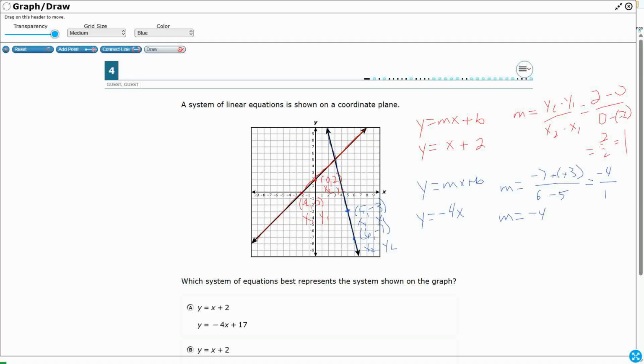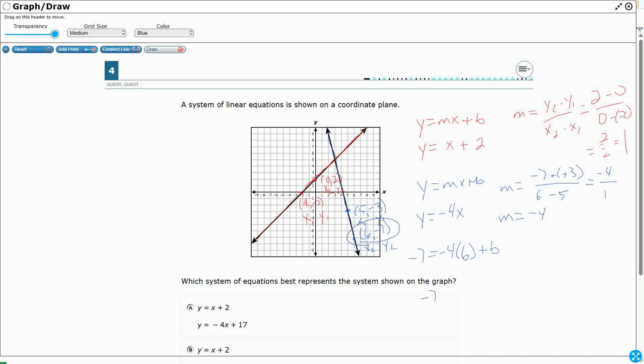Now we've found the slope with the change in y over change in x. To find the y-intercept, we need to plug one of these points back in. So let's plug in this (6, negative 7). I'm going to say negative 7 equals negative 4 times 6, plus b. Let's simplify and solve for b.